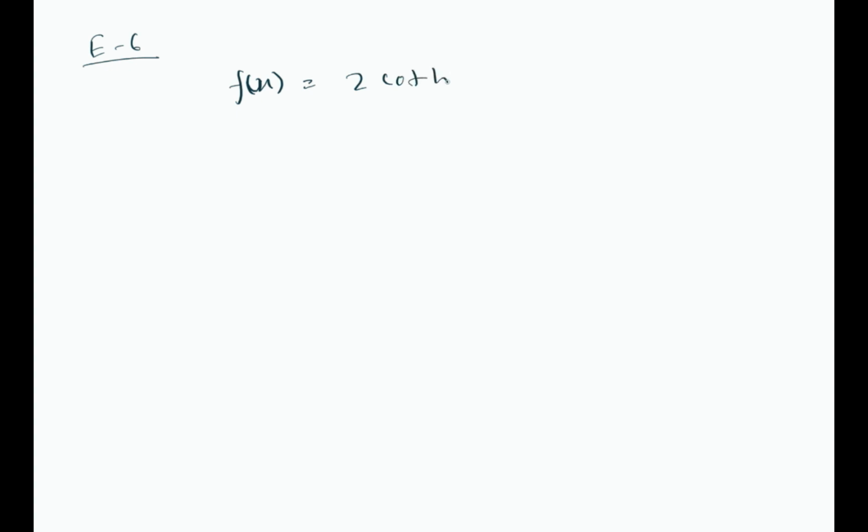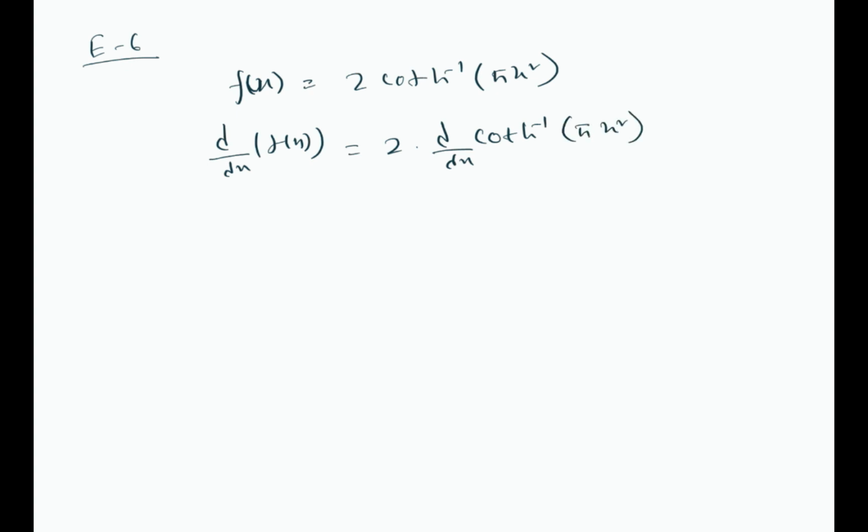So 5x squared, right? Here, according to the constant multiple rule, I can write the derivative d/dx of f of x. Here 2 is a constant, right? So I can write d/dx of 2 times inverse hyperbolic cot of 5x squared, right?